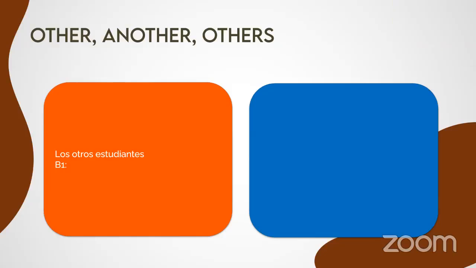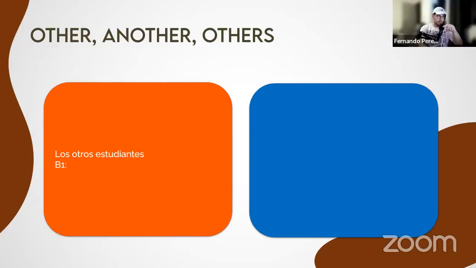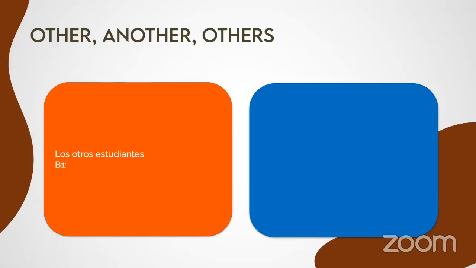The other students. You're close. Okay. The other students. You're very close. Let's put it to a vote, no? So you say the others students, right? And Yamilk? Sorry.